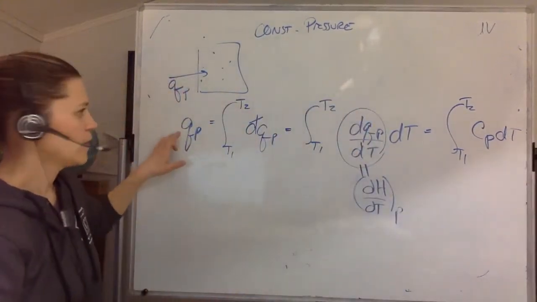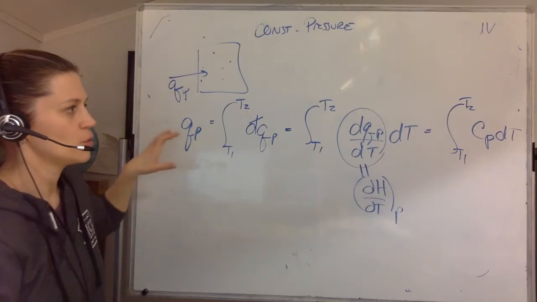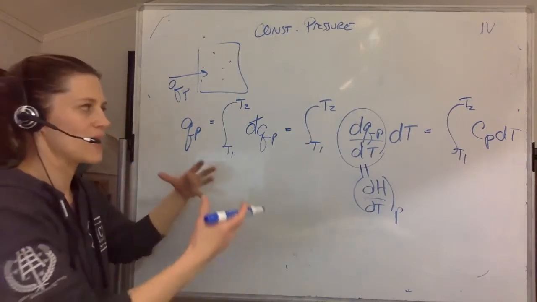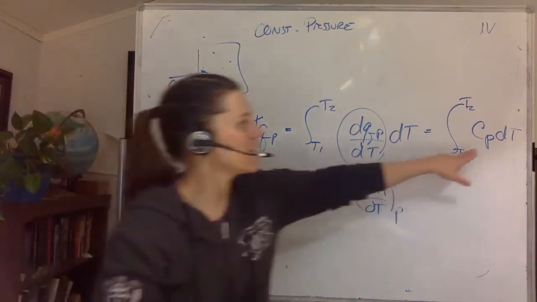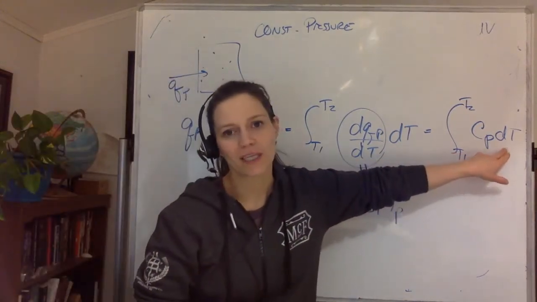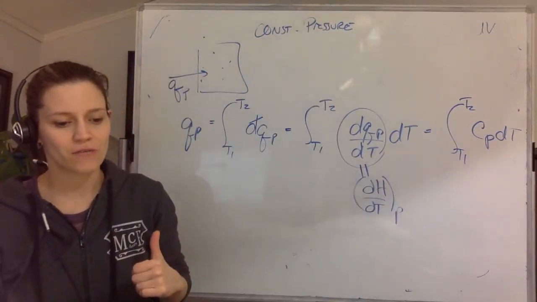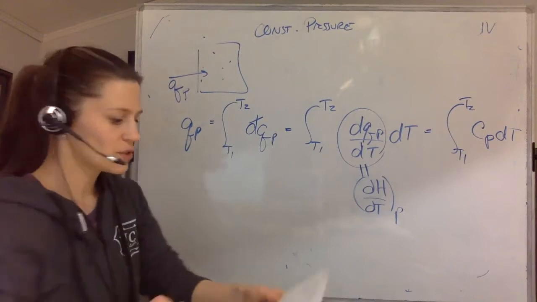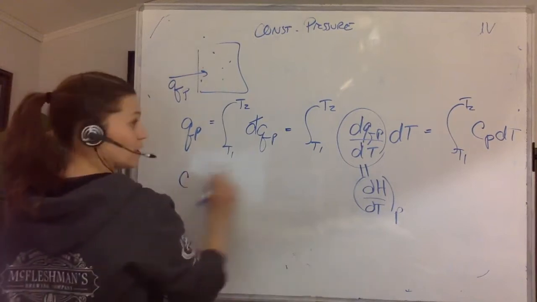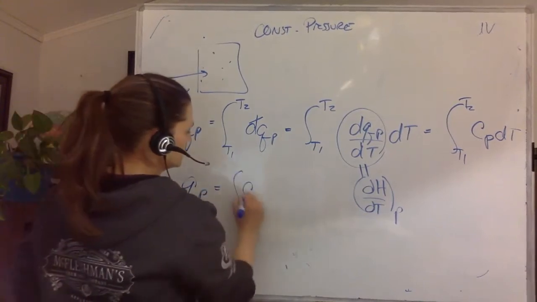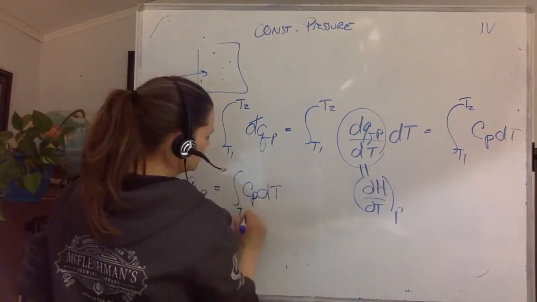And so if we want to look at what happens when you are heating something, what's the heat associated with a constant pressure condition, you can integrate the heat capacity with respect to temperature across the temperature range that you change the system under, and that should give you your heat. And so what's great about this is Qp is equal to the integral of Cp dT from T1 to T2.